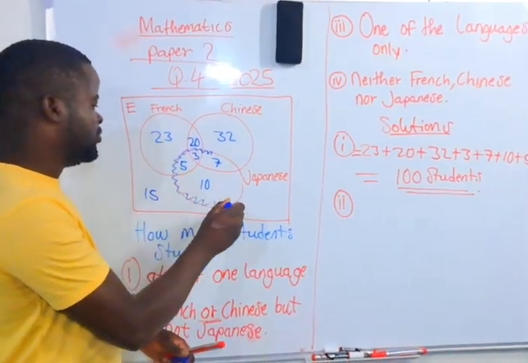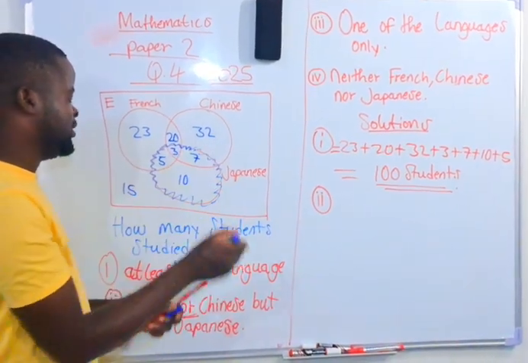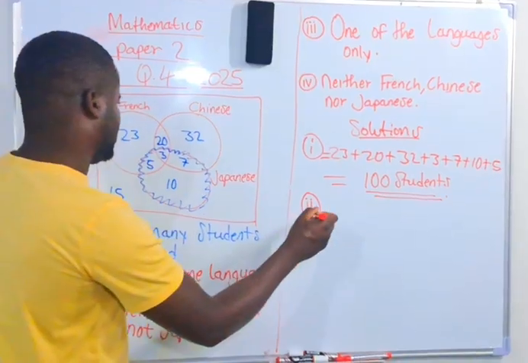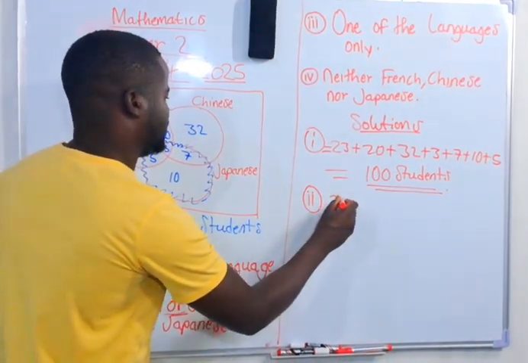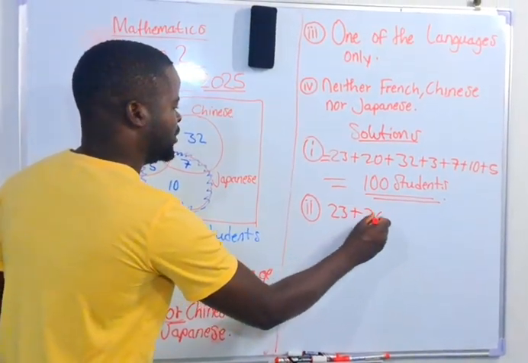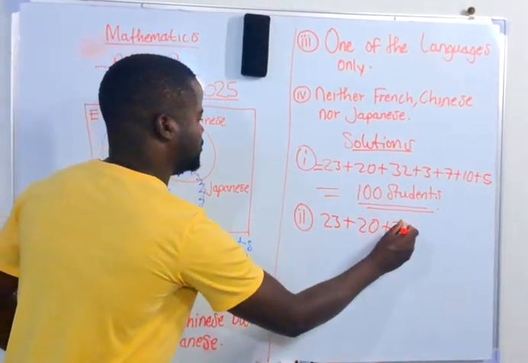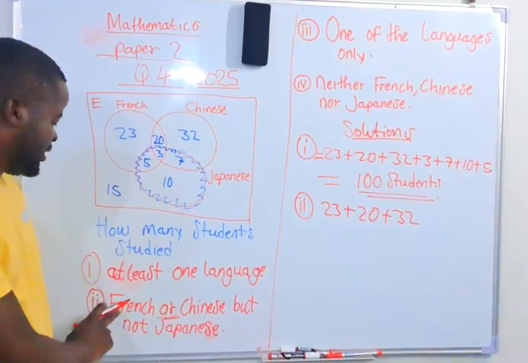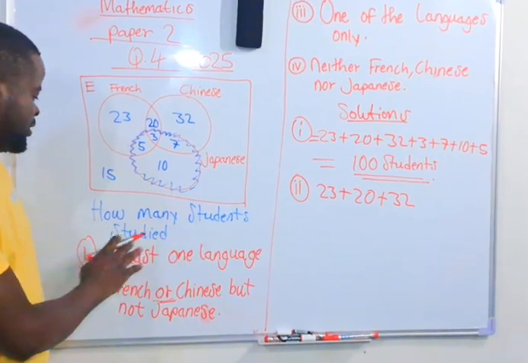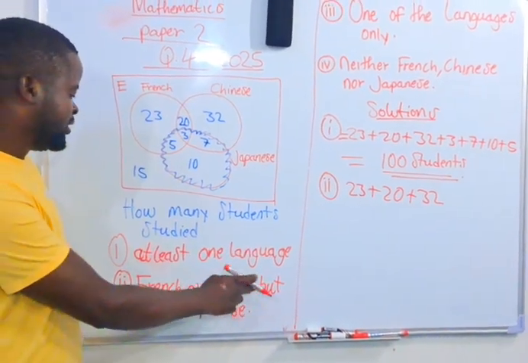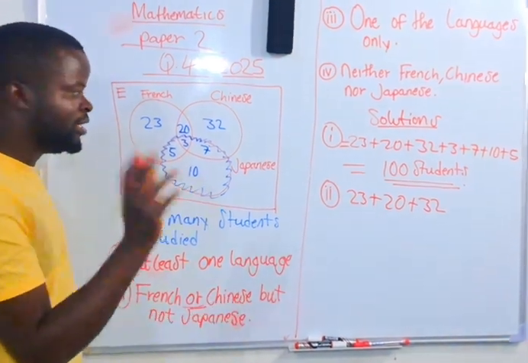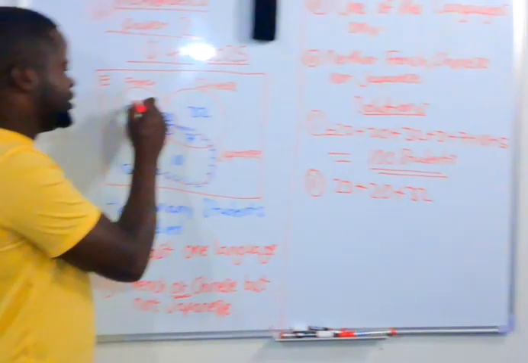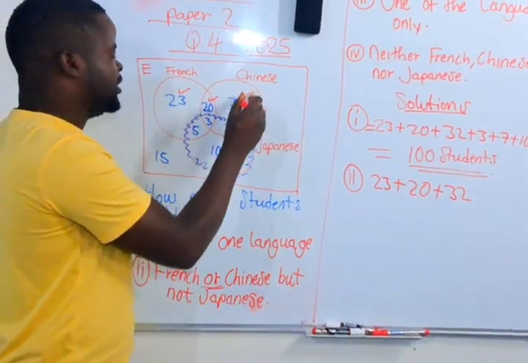We are only going to add numbers like 23 plus 20 plus 32. These are the only numbers that we are going to pick because the question is clear. How many students studied French or Chinese, but not Japanese? Therefore, we are excluding this particular set, meaning that we're only going to consider 23, 20, and 32.